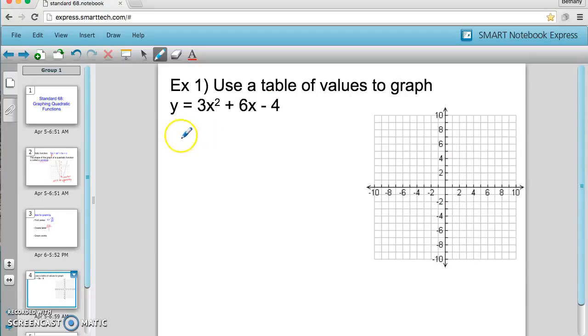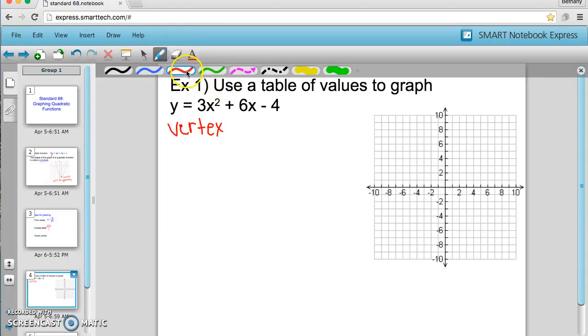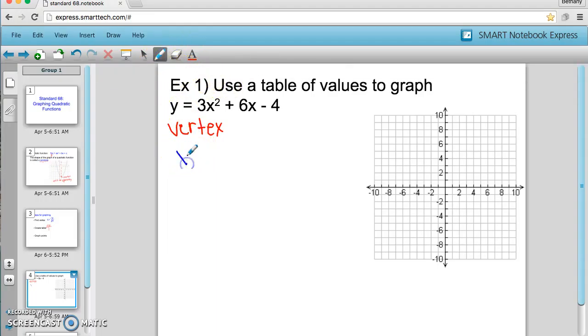It says use a table of values to graph our function y equals 3x squared plus 6x minus 4. So the very first thing I always need to do is find my vertex. We're going to use the equation I put on the last page, x equals negative b over 2a.